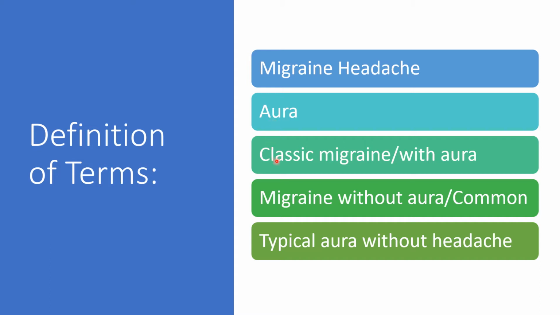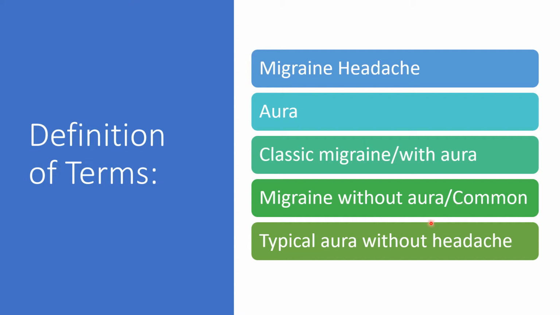Then there is an entity known as classic migraine or migraine with aura. That's just it. When the migraine is with aura, it's known as classic migraine. Some don't use that term anymore, classic or non-classic. Okay? It could be migraine without aura. That is a common migraine. It's an old term that people may not use anymore.